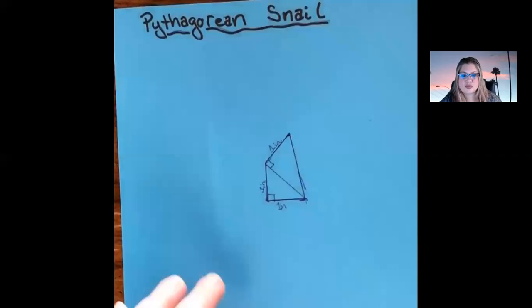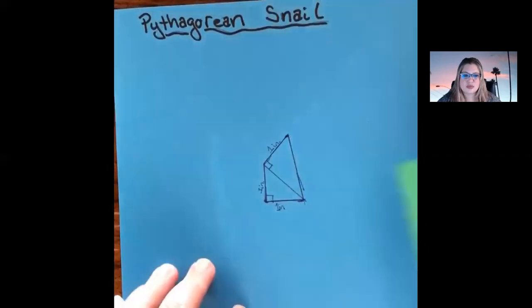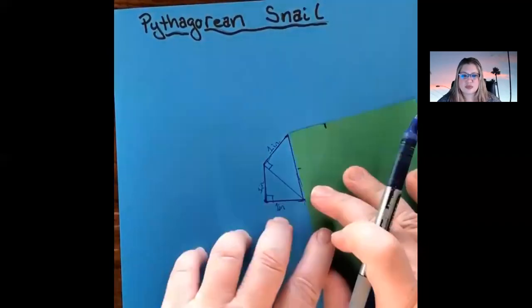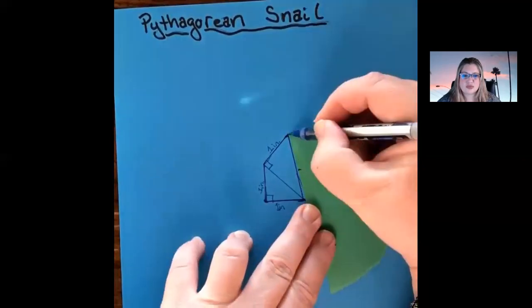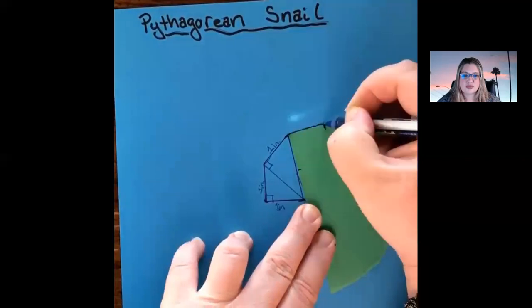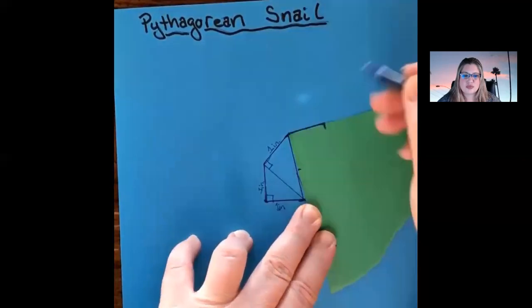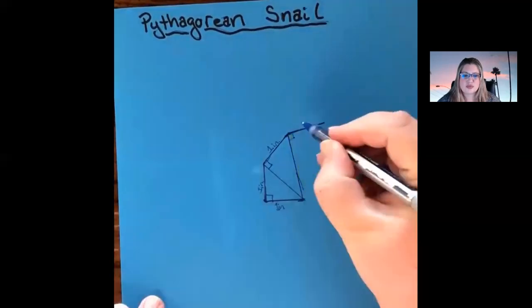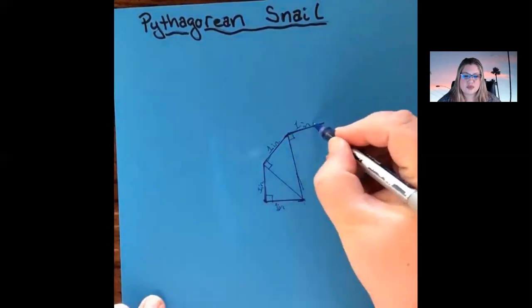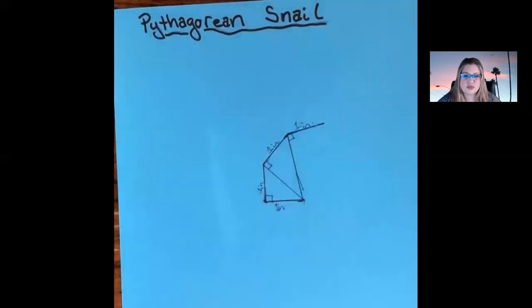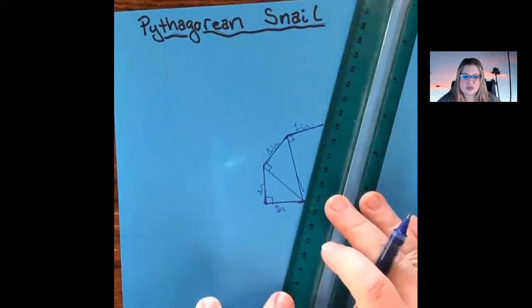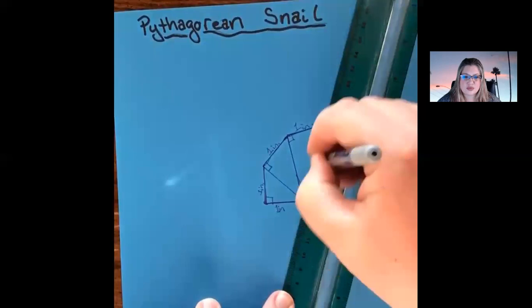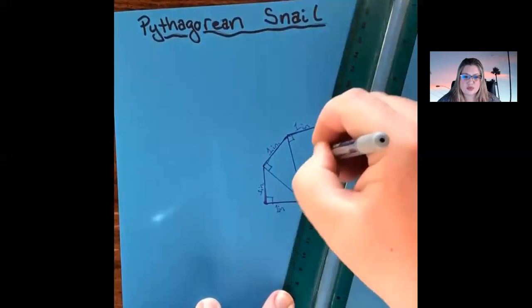Okay, so again, I'm going to take my tool that I created, and I'm going to draw from this point another 1 inch out. Here's my right angle. Here's my 1 inch. And then I'm going to use my ruler to connect the hypotenuse. From here to here. Hopefully I don't slip this time.